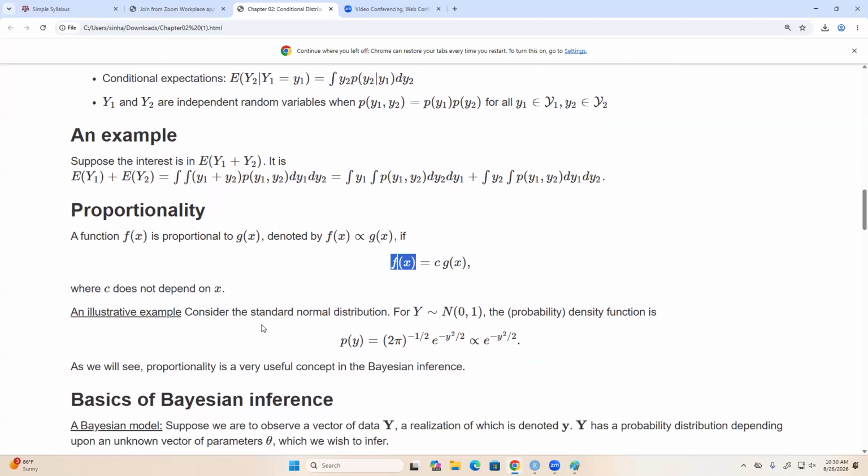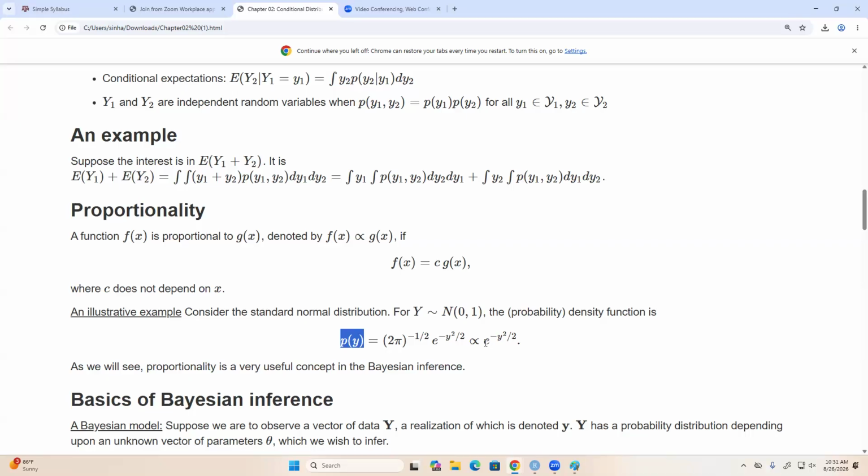So here is an example. Consider the standard normal distribution. Suppose I have a random variable y that follows the standard normal distribution, with mean 0 and standard deviation 1. So its probability density function is the following: p(y) equals (2π) to the power minus 1/2 times e to the power minus y squared over 2.